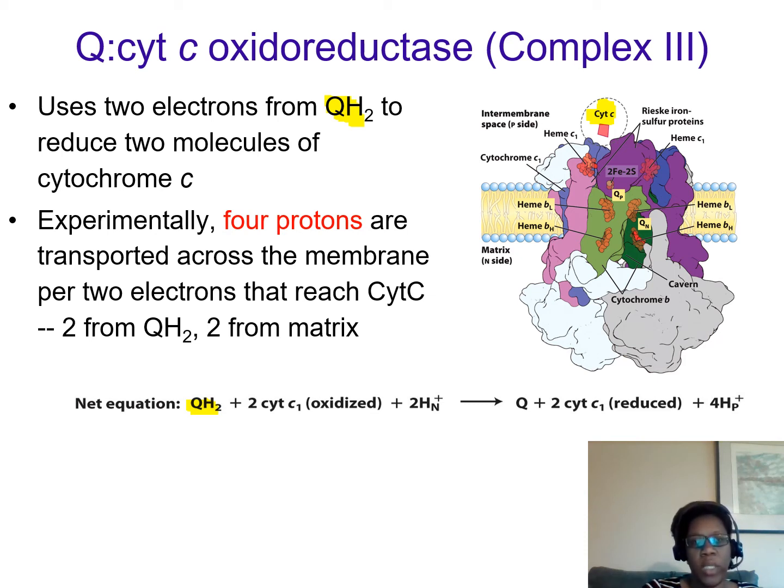Our electrons are being carried by cytochrome C. It doesn't really matter what cytochrome it is. Cytochrome C, B, A, whatever. Eventually we got to a cytochrome. And we have our 2 electrons being carried from NADH or FADH2 in our cytochrome, but also we have added 4 protons to the intermembrane space. So that's going to be important. We have 4 protons pumped over in complex 1, and now we have 4 more protons being pumped to the P side for complex 3.